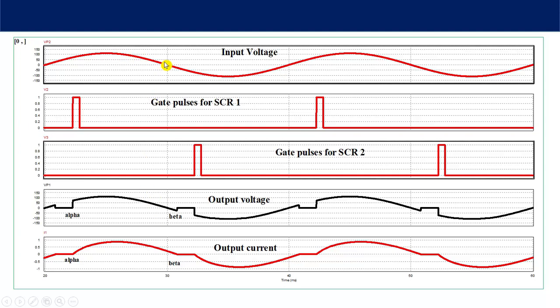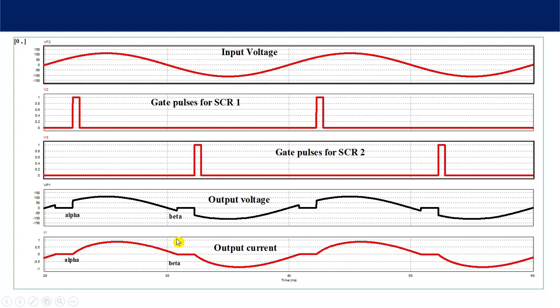After pi also you will get positive voltage, so the thyristor will continue to conduct after pi also. So this is the reason behind it, and we have discussed these things in detail in the single phase rectifier also. So after pi we are getting this current, so thyristor number 1 is on.